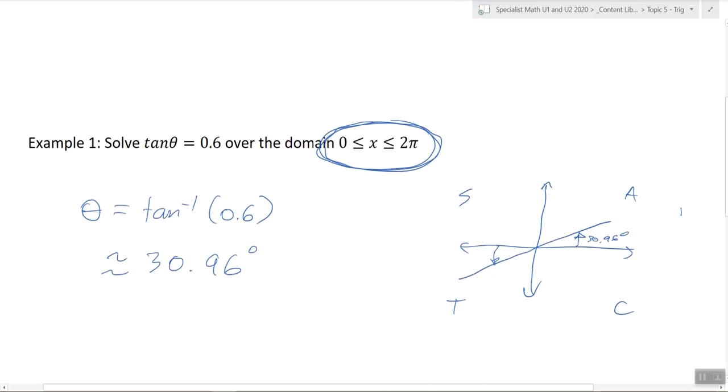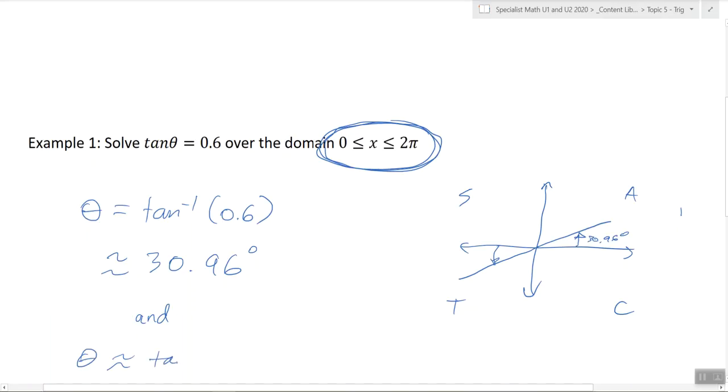If it said tan theta equals 1, would that be tech-free? So it's only tech-free if it's a special triangle. So how do we figure out this second answer? Add 180, very good.